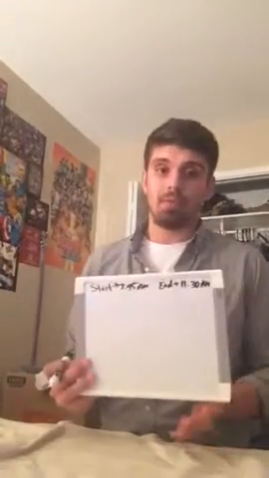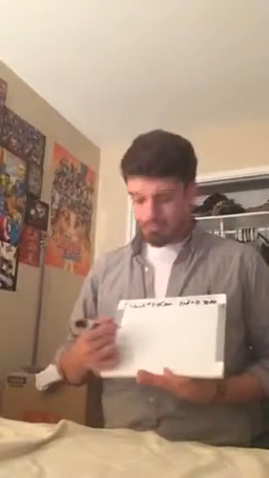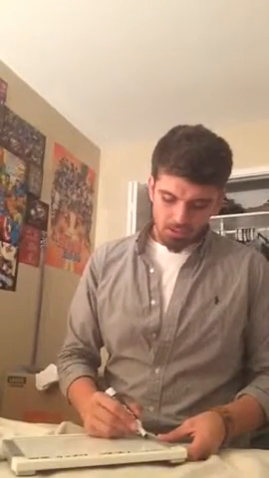We have that, and we're going to go ahead and do the linear model. I'm pretty sure students are pretty familiar with it. You're going to draw a number line. On the left end you put your start time, and on the right end you put your end time.